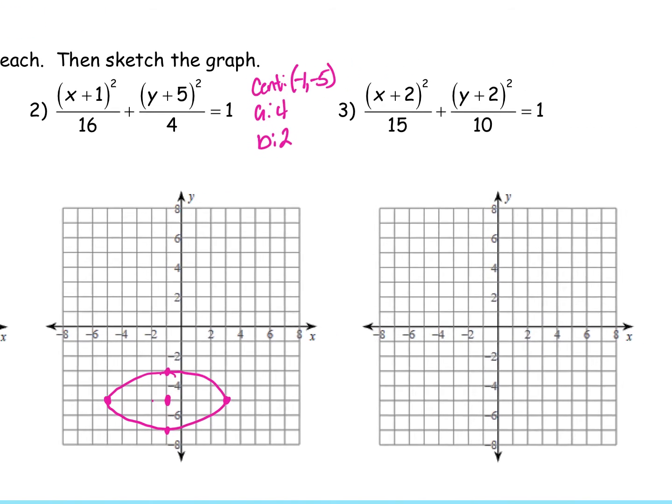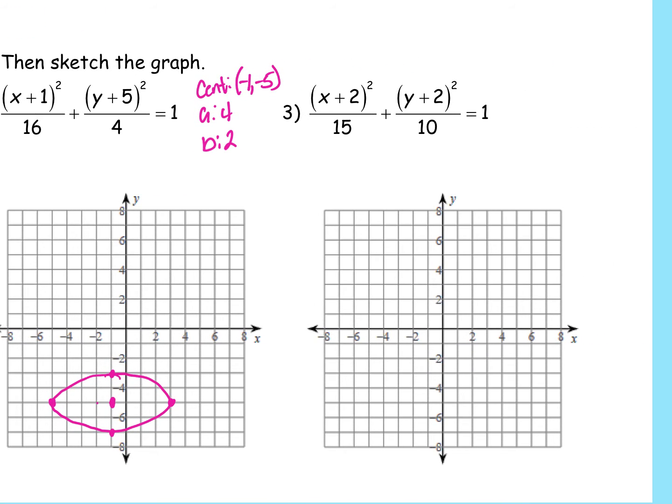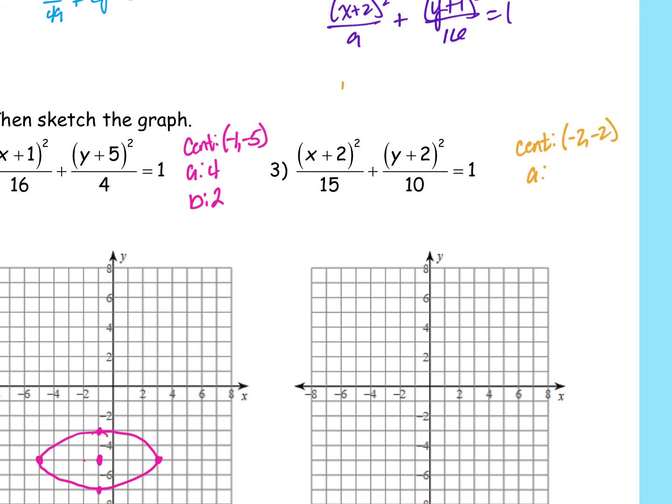And then number 3, we're going to do the same thing. Where's the center of my circle? I guess I better get out a calculator. The center of this circle is at -2, -2. And then A, A squared equals 15, so I'm going to take the square root.